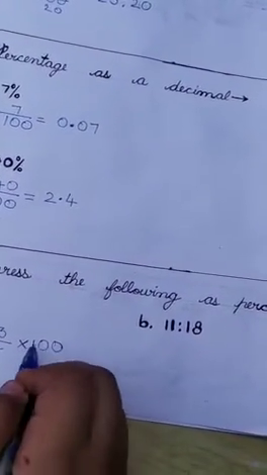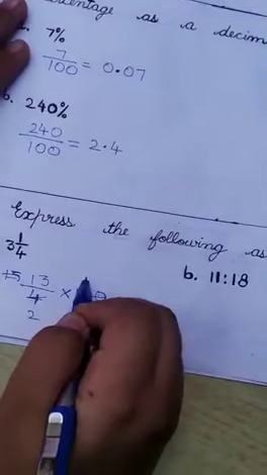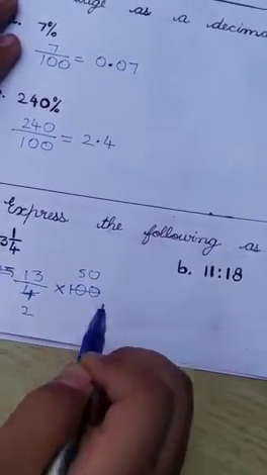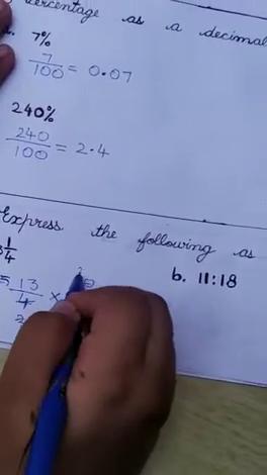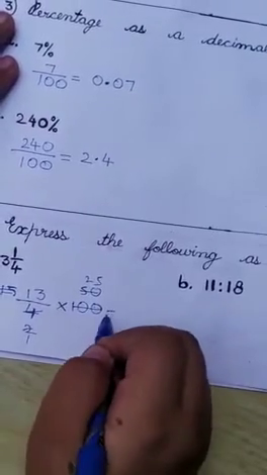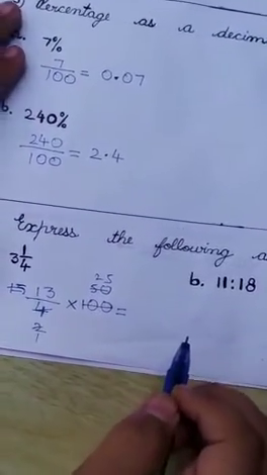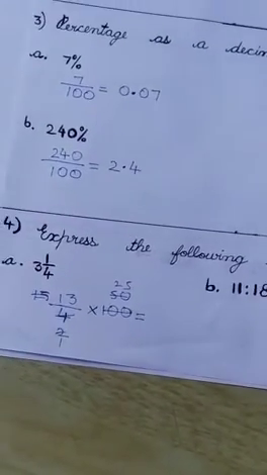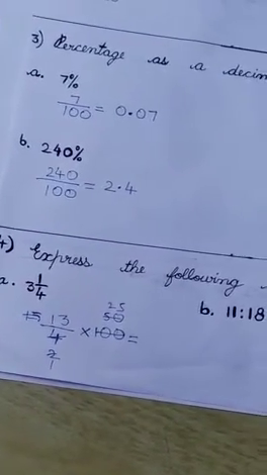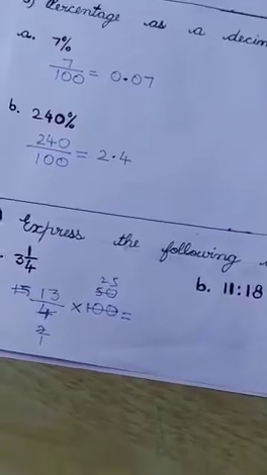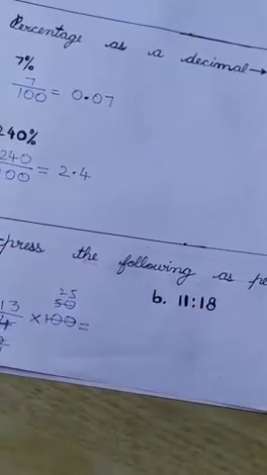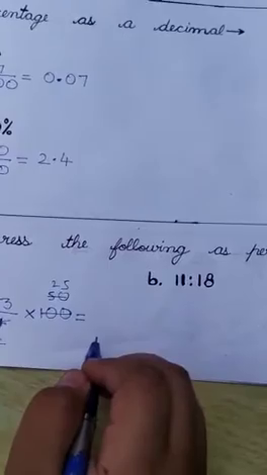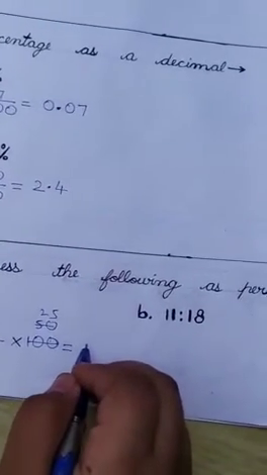So now reduce: 2 2s are 4, 2 5s are 10, 25 into 13. Now we will get 325%.